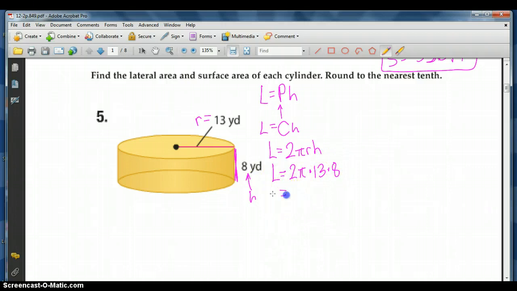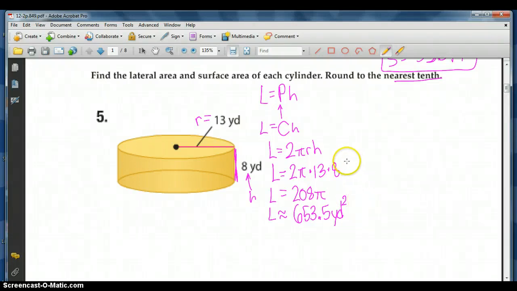So I'm going to multiply 2 times 13 times 8, which is 208, and that would be my answer in terms of pi. My approximate answer to the nearest tenth is 653.5. And that would be square yards for area. So there's my lateral surface area.